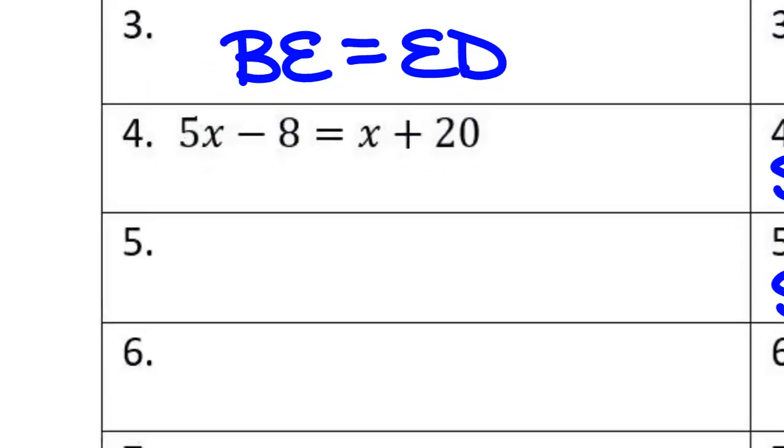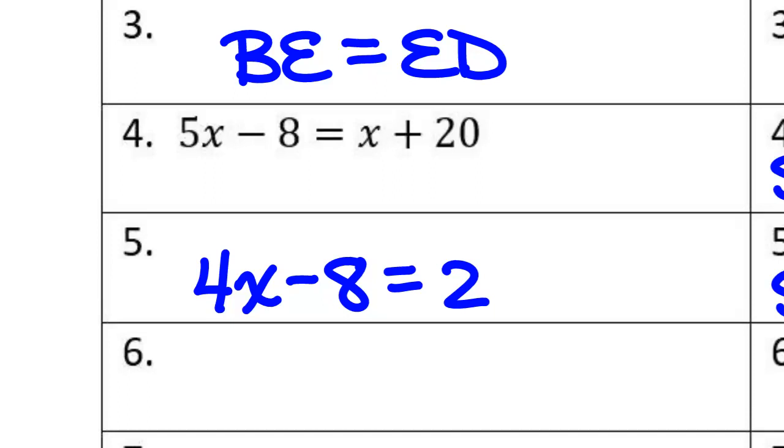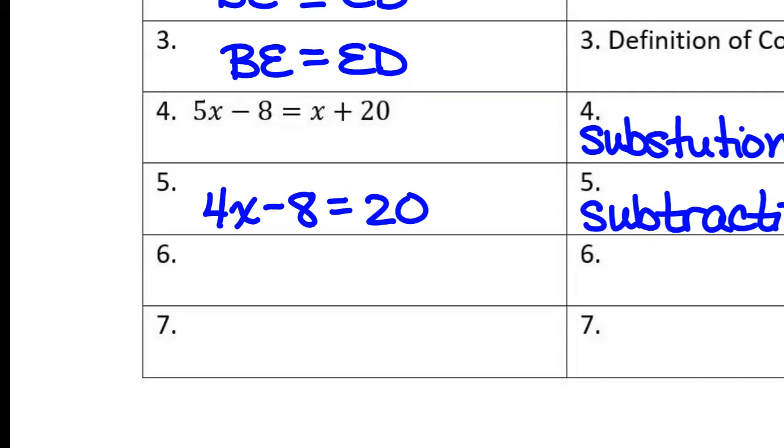What would I have if I subtracted x from both sides? I would have 4x, and then what else? Minus 8 equals 20. If it's helpful for you, you can absolutely write down the operation in here, but that would not be considered part of the proof. You're going to show me after you've done the operation. That's what I want on the statement line. What you did goes over on the reasons line.